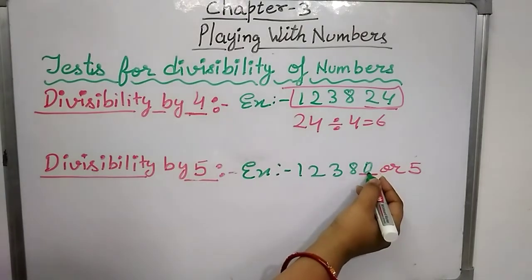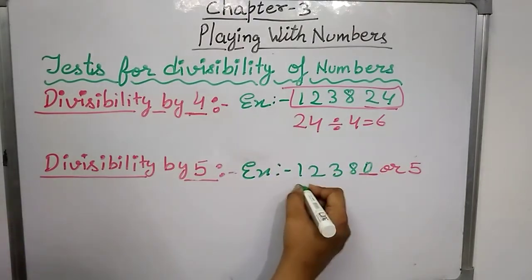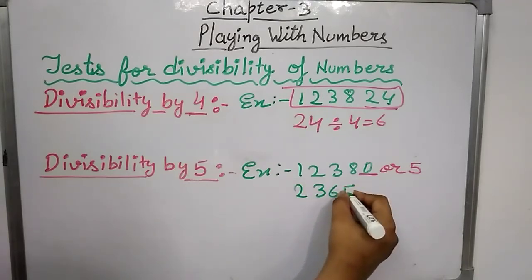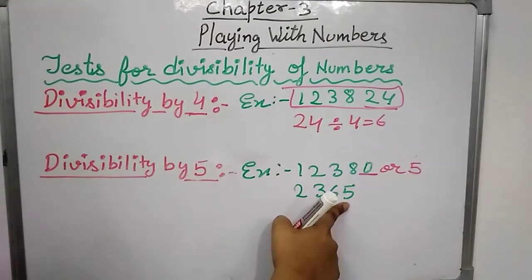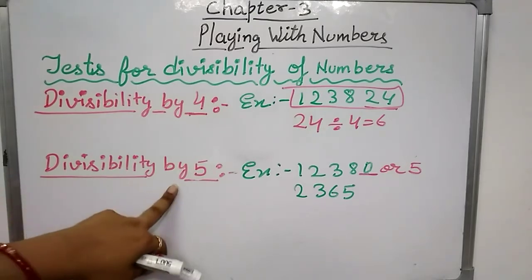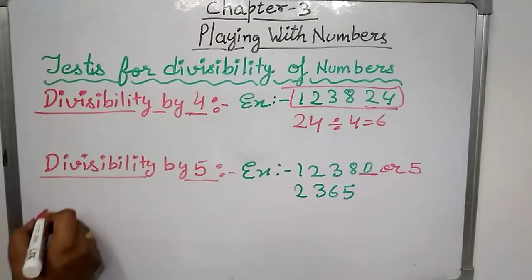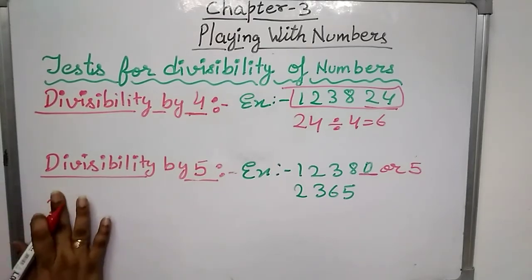This number has 0 at the ones place, so it is divisible by 5. If there is any number whose ones digit is 5, that is also divisible by 5. So for the test of divisibility by 5, the units digit should be 0 or 5. Next is divisibility by 6.